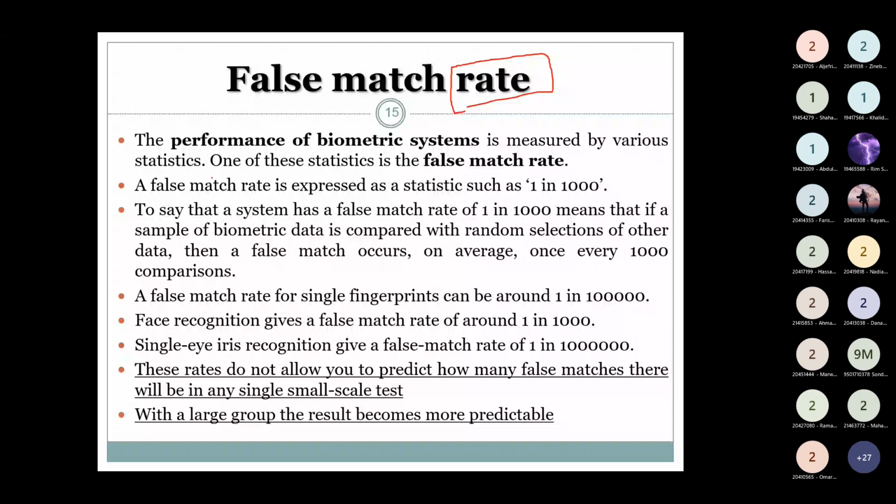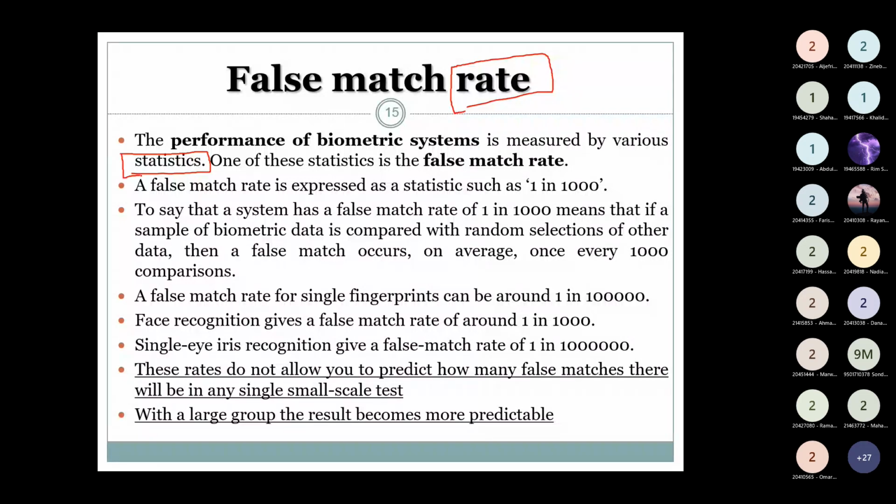They can judge different persons as the same person, as well as judge the same person as different persons. So this is why we need some statistics, some measurement, to have an idea about the false match rate.